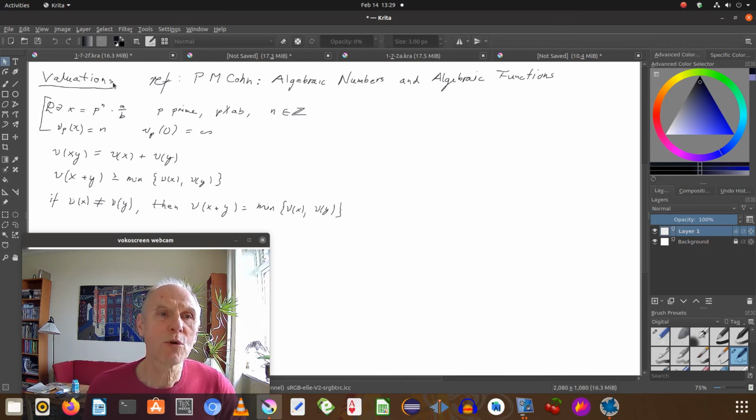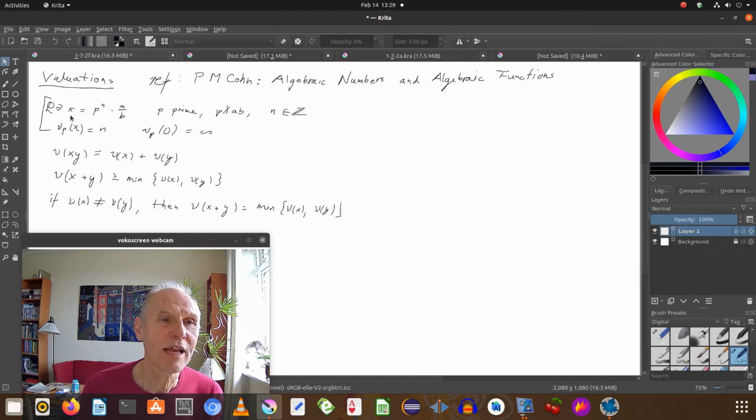So it's called valuations, and you can study them from this reference, P. M. Cohn, Algebraic Numbers and Algebraic Functions, should you wish to. It's a very good algebra book. It's very abstract, but very useful.